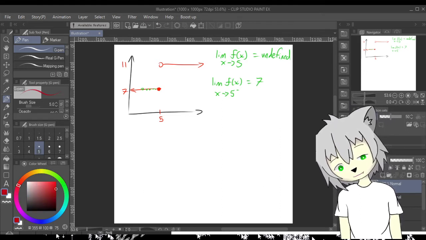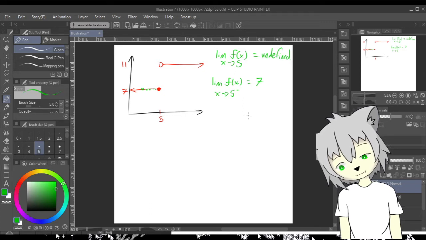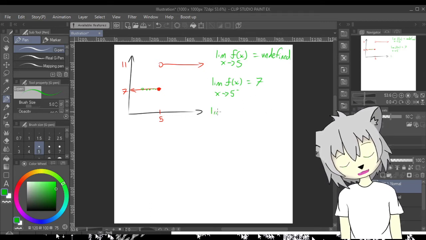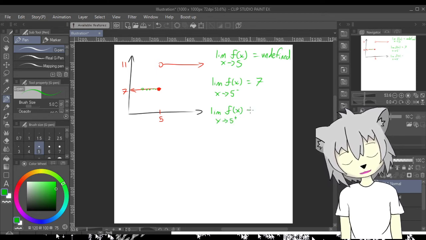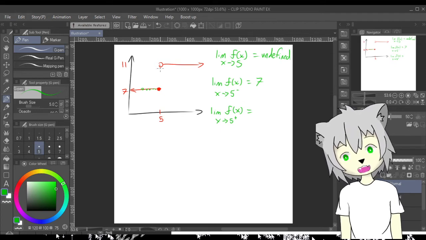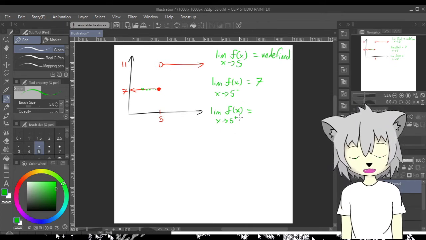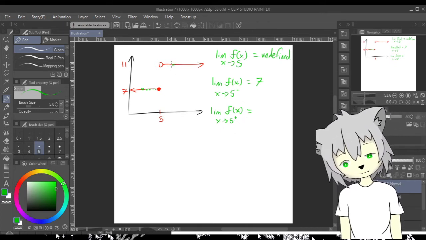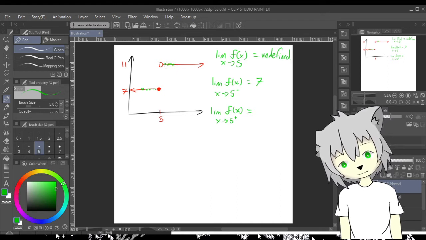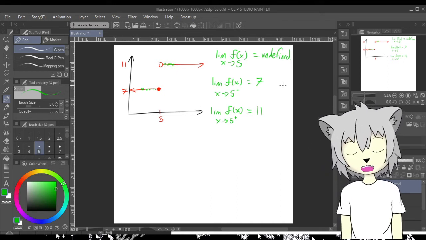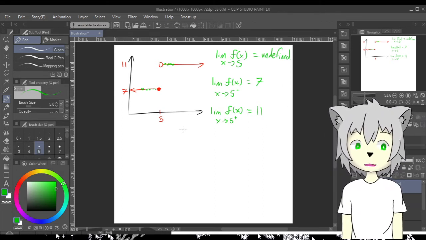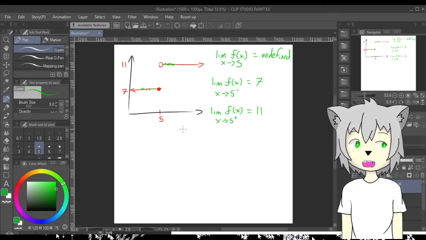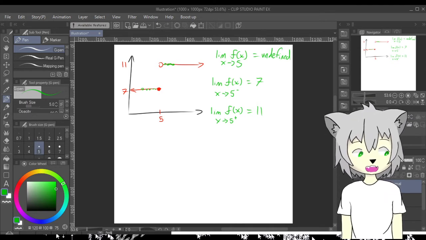And we also know what the limit is when we approach 5 from higher numbers, which we give a superscript plus sign. We know that it's 11 here, it seems to be approaching 11. It's defined when we go one-sided, one way. And that's the thing that exists.